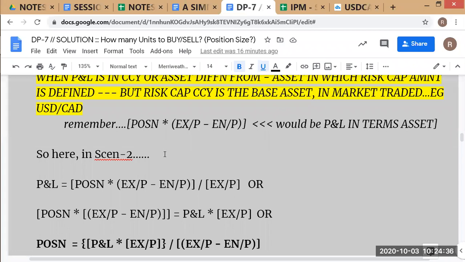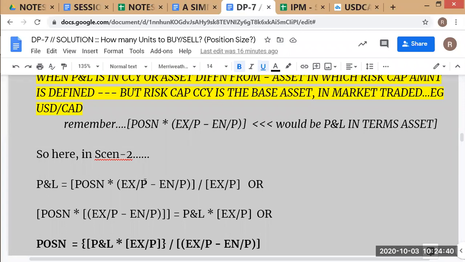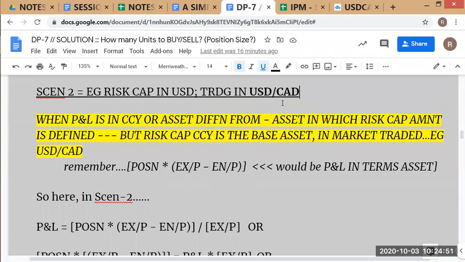If you just take this part of the expression, this is P&L in terms asset. In the case of dollar Canada, we'll talk in terms of the Canadian example. So here this would be the P&L in Canadian dollar terms.